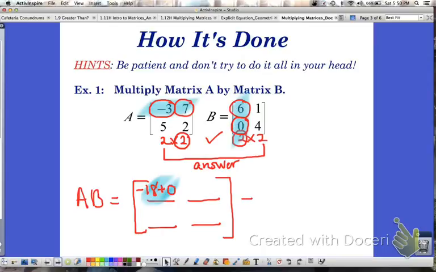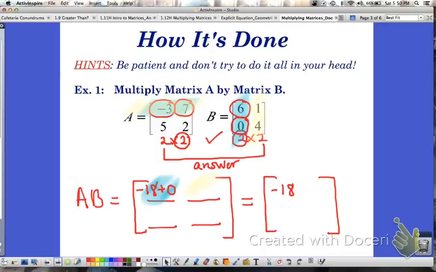So I think I'll go ahead and simplify as I go. Sometimes I do that, sometimes I'll get all my products and then add. So negative 18 is the first element of the answer. Now I'm going to take that same row of the first matrix. I'm going to take row 1 now, and I'm going to multiply it by column 2.